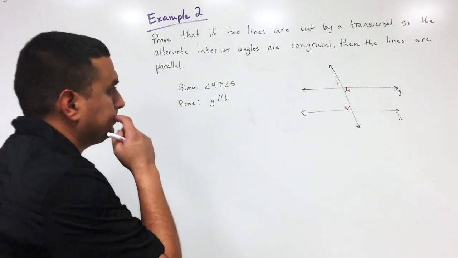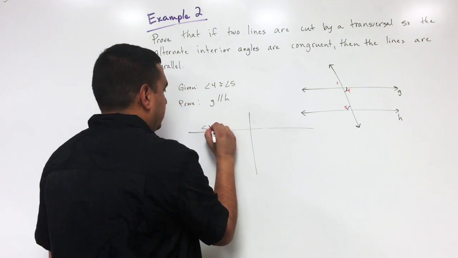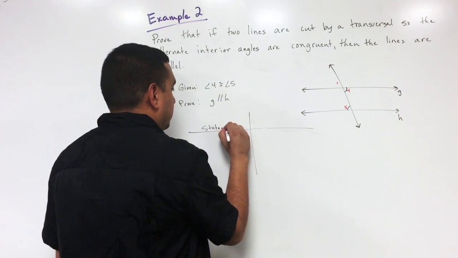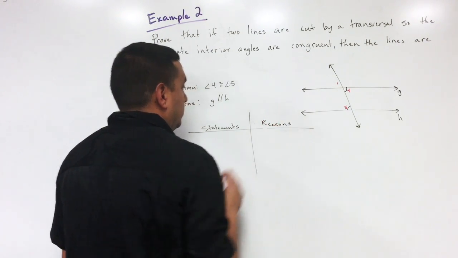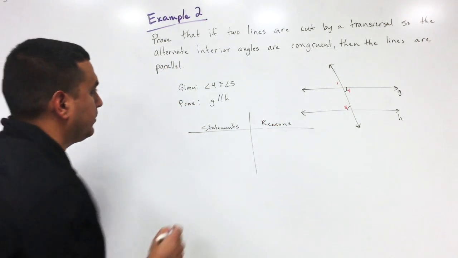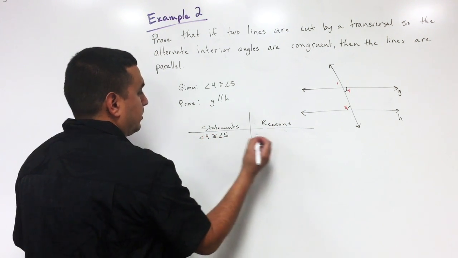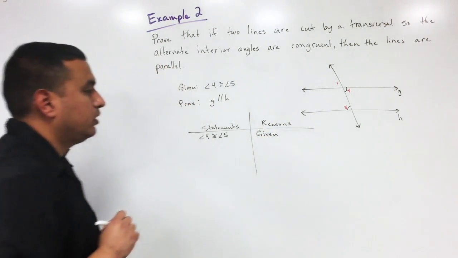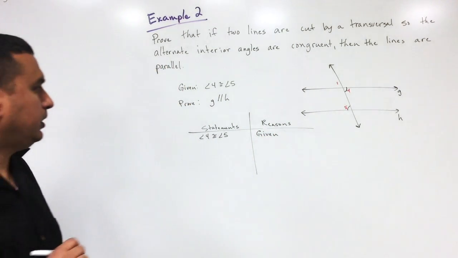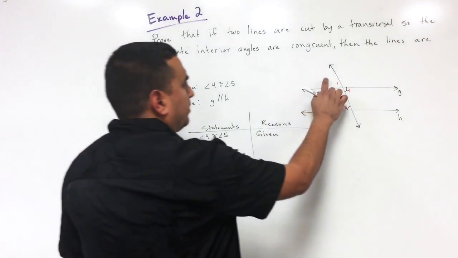To start our proofs, remember that we need our statements and our reasons. We always start with what's given to us. The only thing they told us was that angle 4 is congruent to angle 5. Then they have this angle 1 up here.